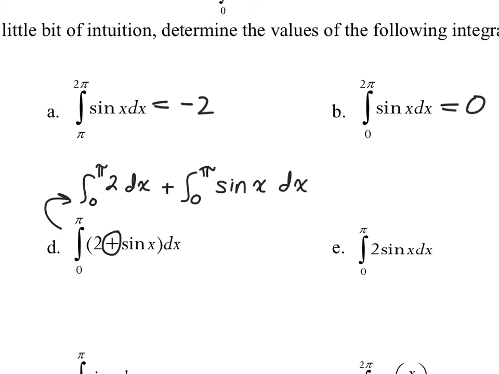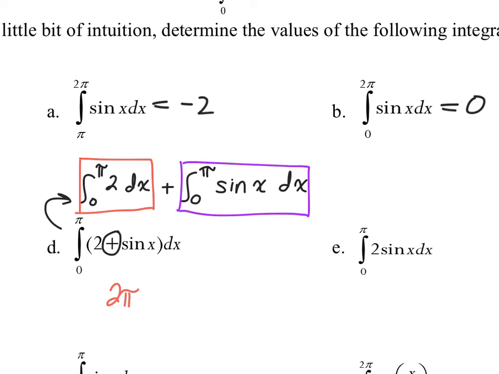All right, so what is the definite integral on the interval of 0 to pi of 2 dx? 2 pi. And then the other one? 2. Just a 2. Either from the diagram or from the given, either way.